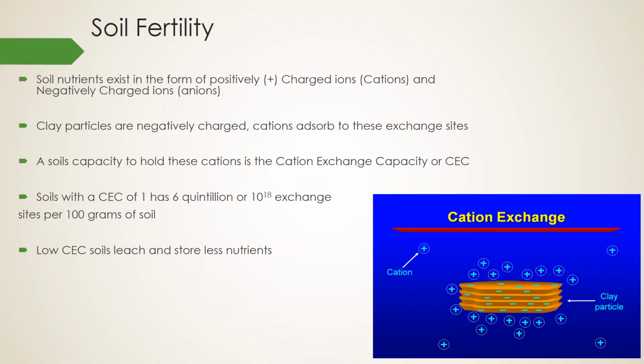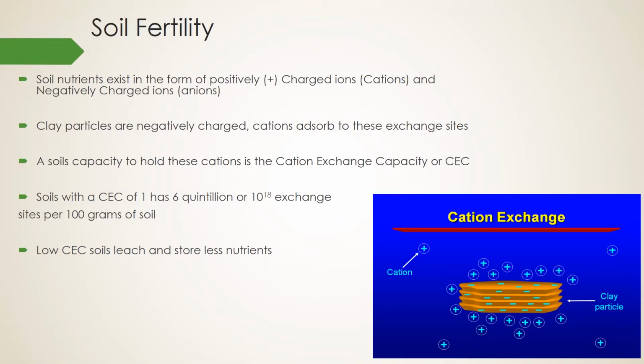Clay particles and organic matter provide the majority of exchange sites, and these sites are negatively charged. So soil nutrients exist in the form of positively charged ions known as cations and negatively charged ions, and those are called anions.